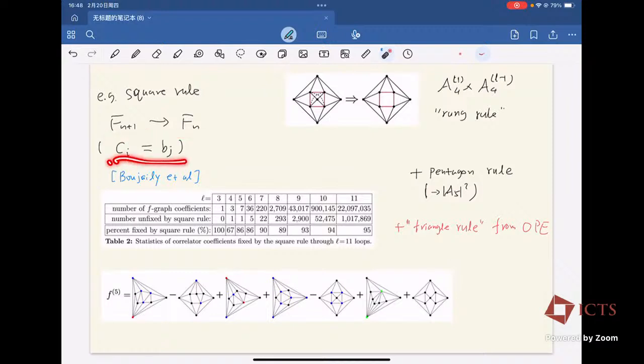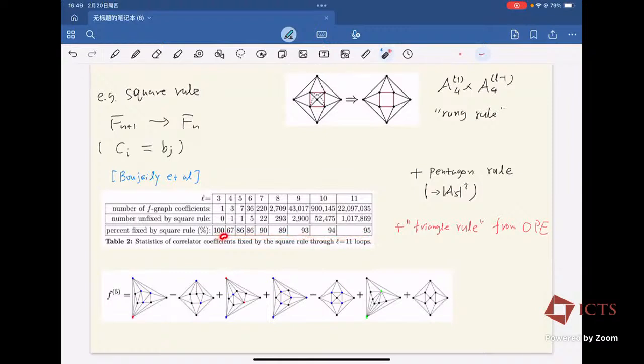So their coefficients should be equal whenever you see this kind of structure. This comes from a constraint that you ask the correlator to reduce to the 4-point amplitude squared consistently, and it's actually already very powerful in fixing coefficients.